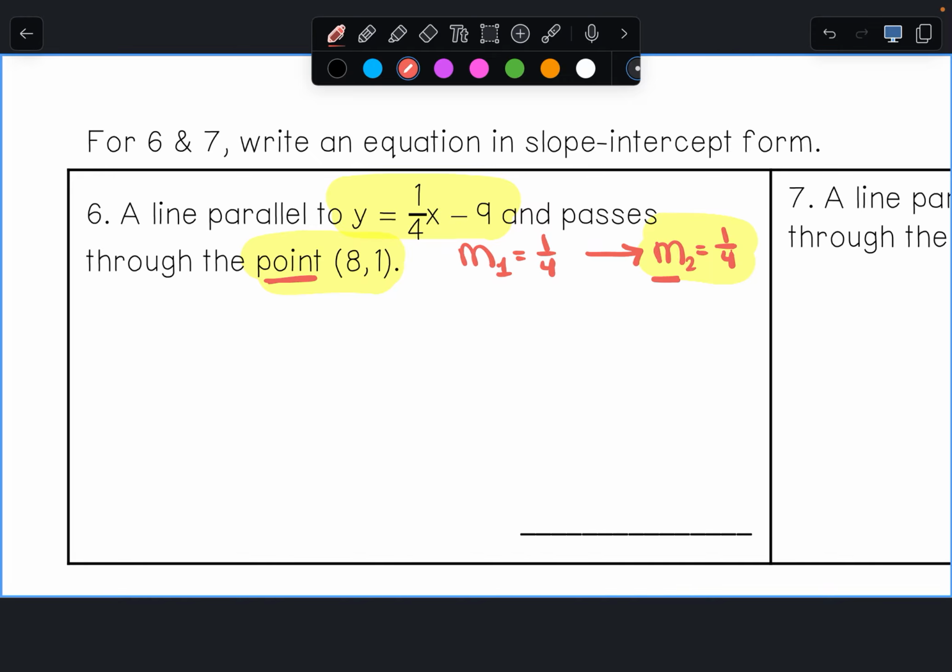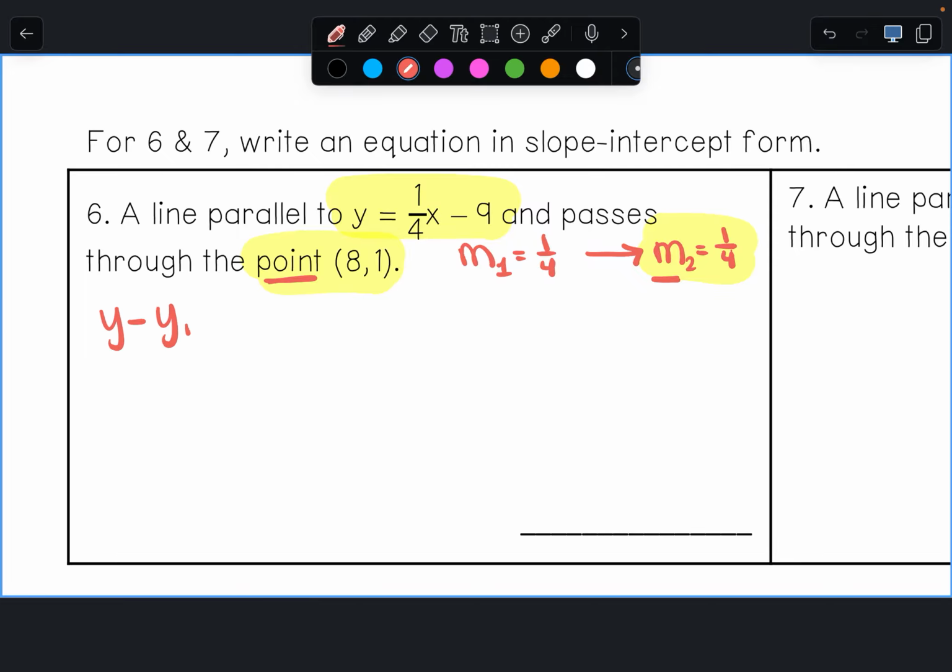Point slope form, it's in the name. Guys, in the last unit, this type of problem was on the quiz, it was on the review, it was on the test, and now you're seeing it in another lesson. That should tell you how important it is to know how to solve these. All right, so let's use point slope form.